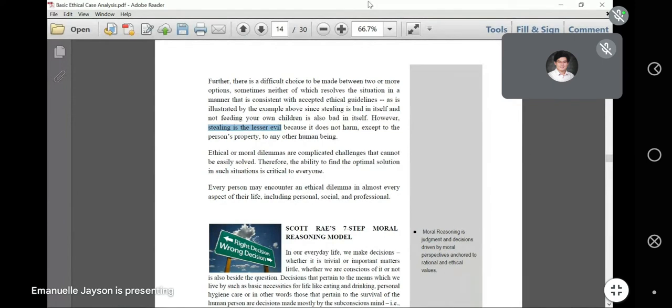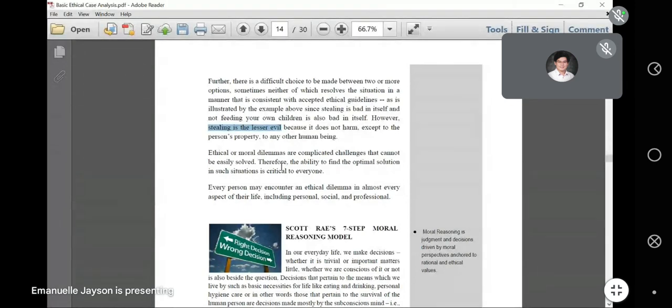So ethical or moral dilemmas are complicated challenges that cannot be easily solved. Therefore, the ability to find the optimal solution in such situations is critical to everyone. So every person may encounter an ethical dilemma in almost every aspect of their life, including personal, social, and professional.